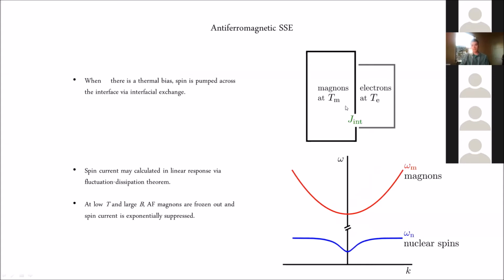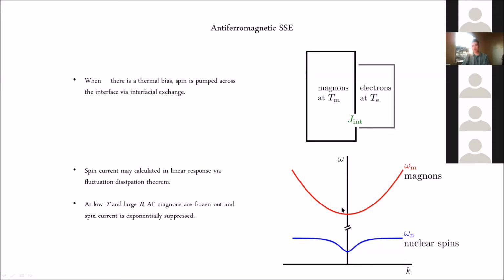So we can calculate. If there's an interfacial coupling between magnons, or in general the spin carriers in the magnet, and the electrons in the metal, then spin current can be transferred across the interface. And this magnon branch, for example, can produce a spin-Seebeck effect.